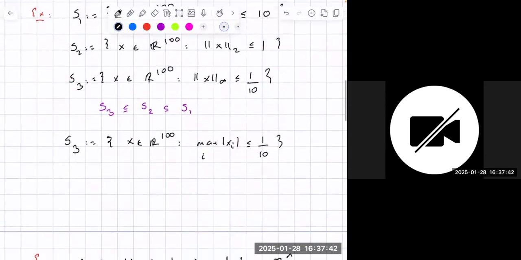So you're looking at a vector, let's say this is 0, 0, 0. How is your vector going to look? In any direction, it could go at most 1/10. So maybe that's what you meant when you were trying to picture it in 2D. Exactly. In every direction, I could go at most 1/10.